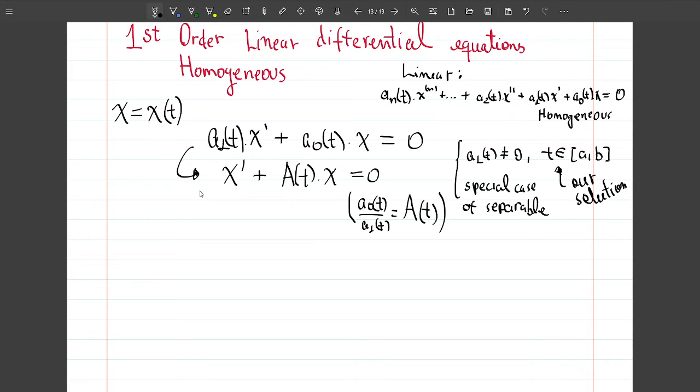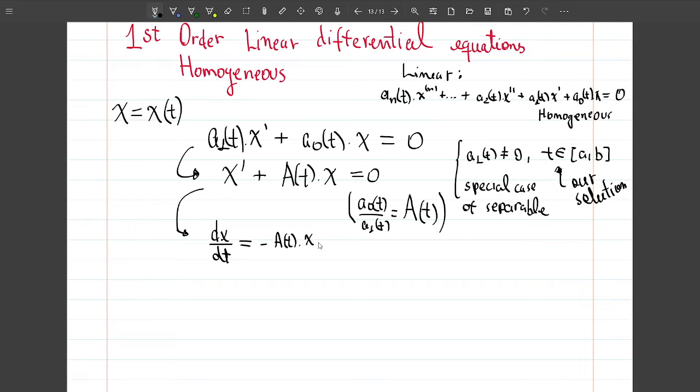To solve separable equations, we exchange x prime for dx/dt, and you will see why we do it. We write dx/dt, and let's put this on the other side, so we have minus capital A of t times x, and we know x is a function of t.